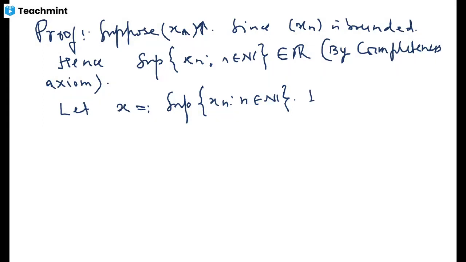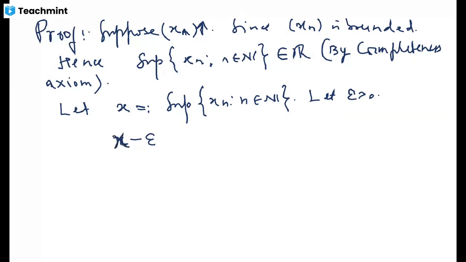So let us take some positive number epsilon greater than 0, and first I am going to apply the definition of a supremum. The definition of supremum is that if I reduce this x by even the slightest amount, then x minus epsilon will not be a supremum for this set.